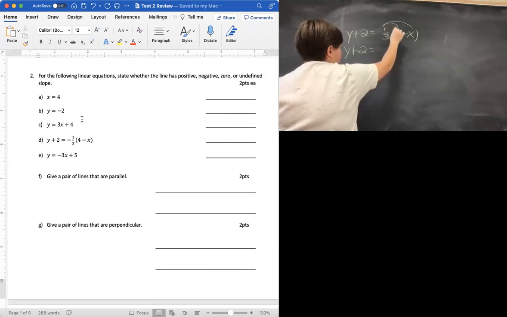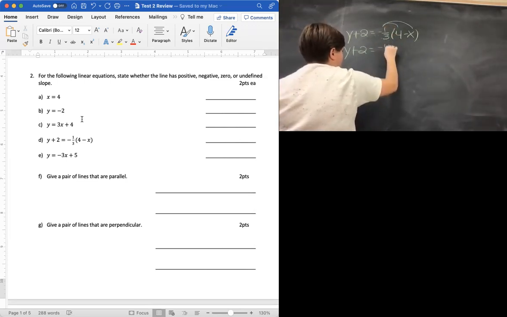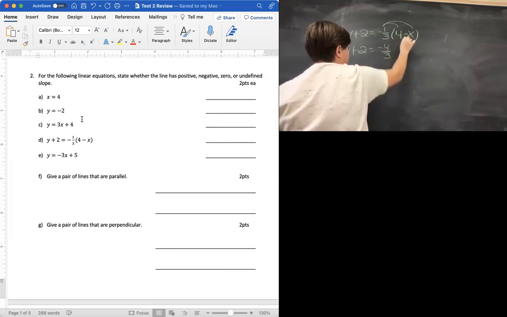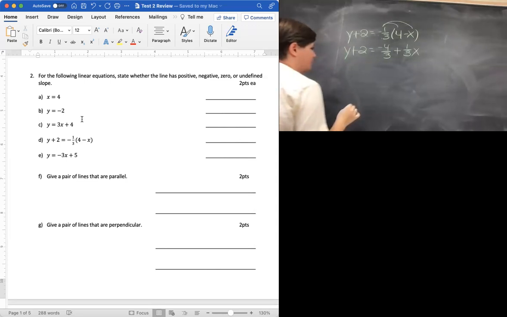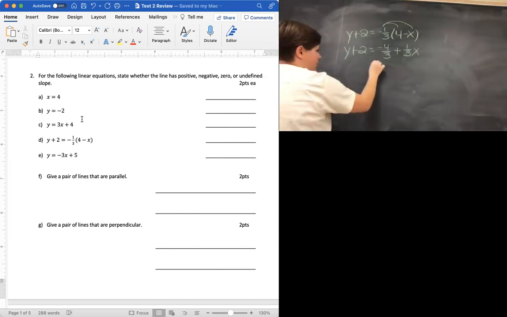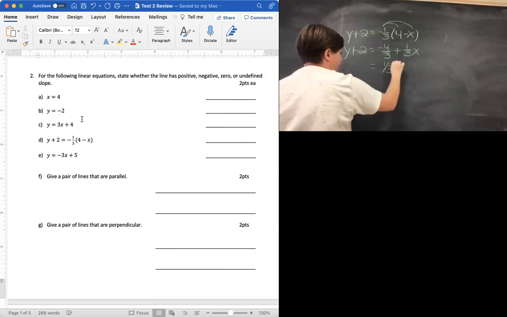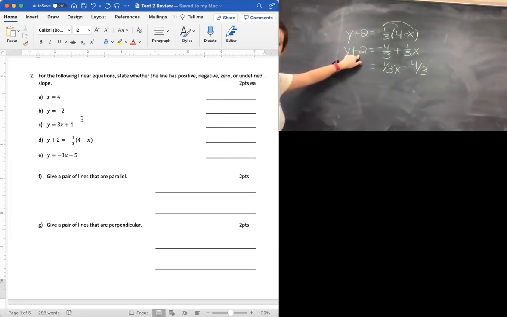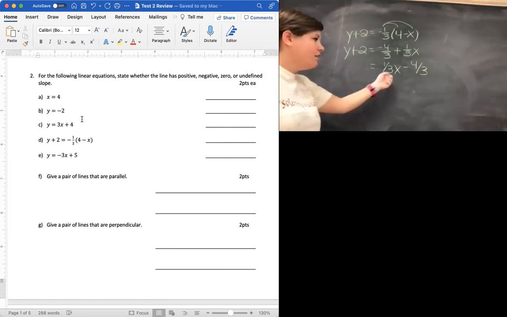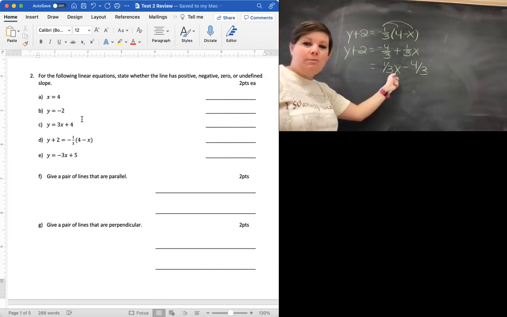So negative 1/3 times 4 is negative 4/3. Negative 1/3 times negative x becomes a positive 1/3 x. So if I rewrote that, I'd have 1/3 x minus 4/3. Yes, I still have this plus 2 over here, but that's not going to affect my x, which is where my slope is.